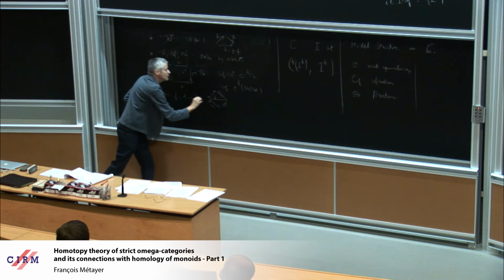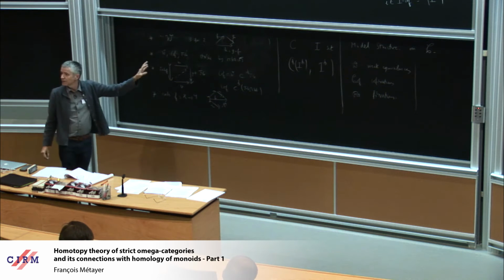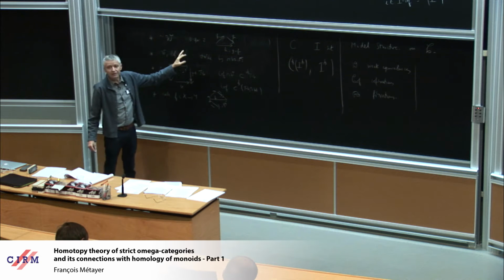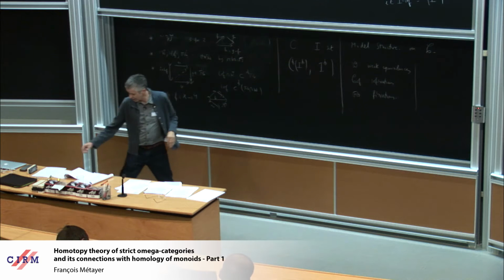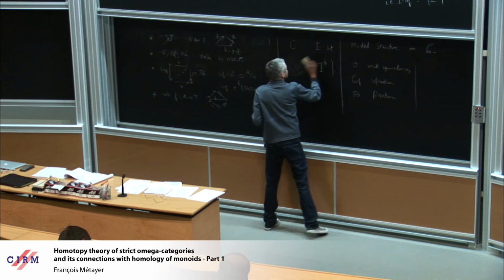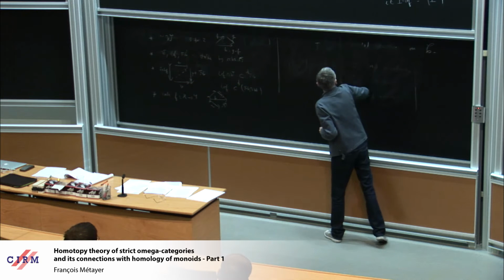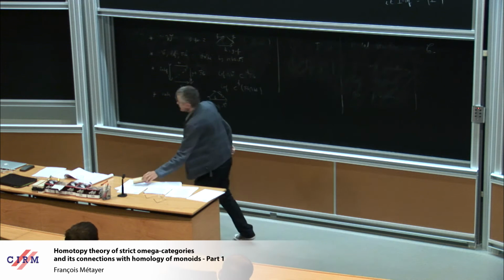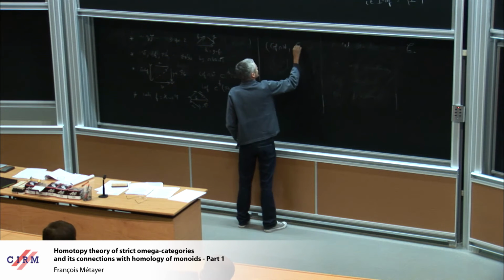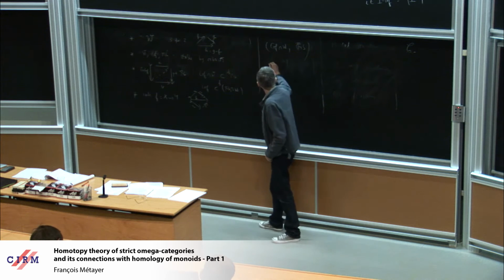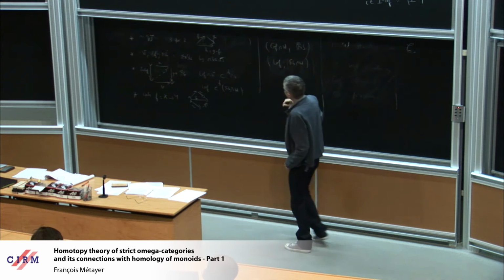So that simply means in the previous terminology that you get two weak factorization systems in your model category, namely trivial cofibrations with fibrations, or cofibrations with trivial fibrations.